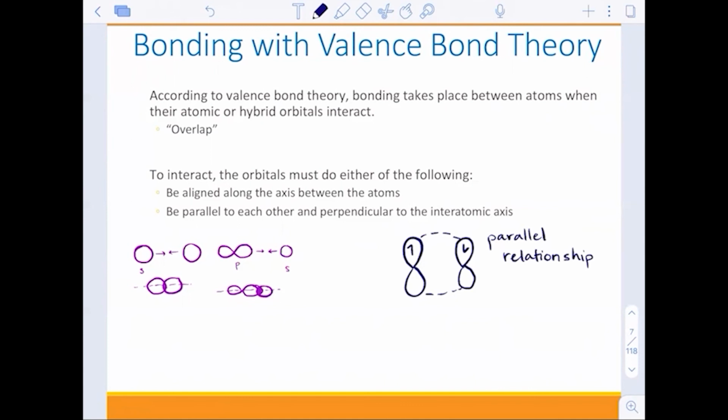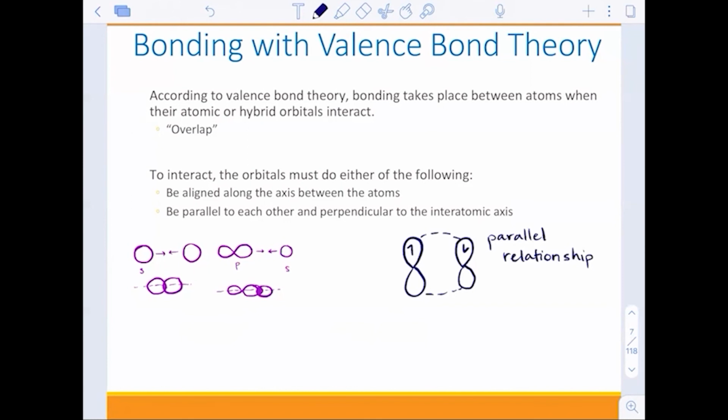But the parallel relationship is weaker than the axis relationship. And so when we're looking at these two different types of relationship, we will see them come into play in valence bond theory as we start to describe Lewis theory, VSEPR theory, and how the overlap occurs. So just note there are a couple of different ways that the orbitals can align. These are going to be our two main ways.